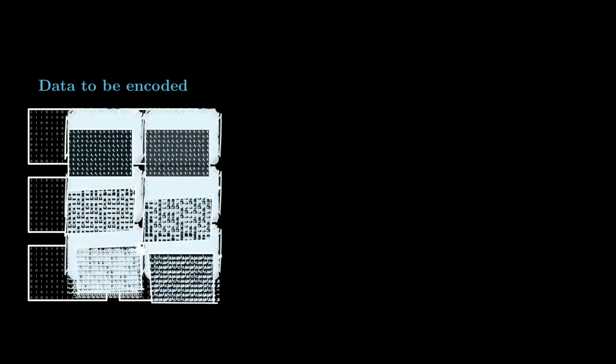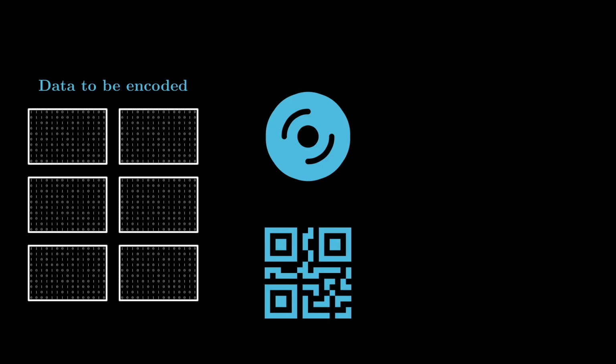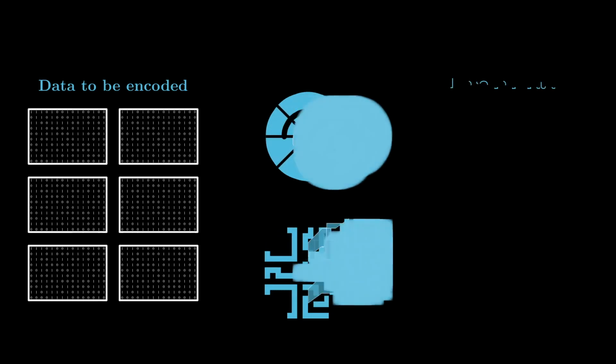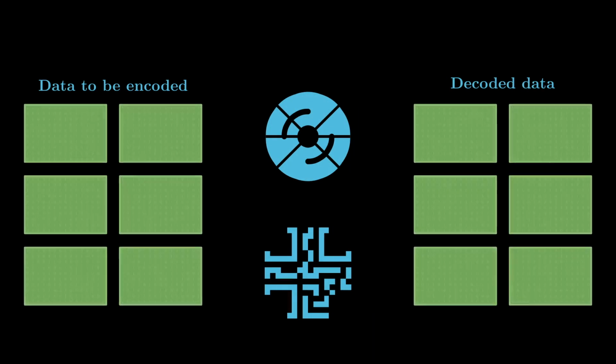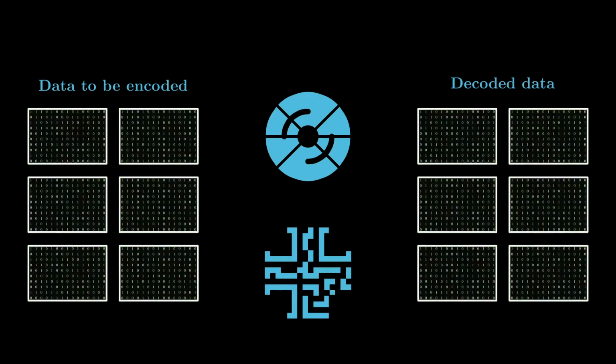By using techniques like Reed-Solomon codes, which is an application of Lagrange interpolation, even if a CD gets scratched or QR codes are partially damaged or obscured, it is still possible to recover the original data accurately. This ensures data integrity and reliability in various real-world scenarios. The ability to reconstruct data from partial or corrupted information is a powerful capability provided by these mathematical principles.